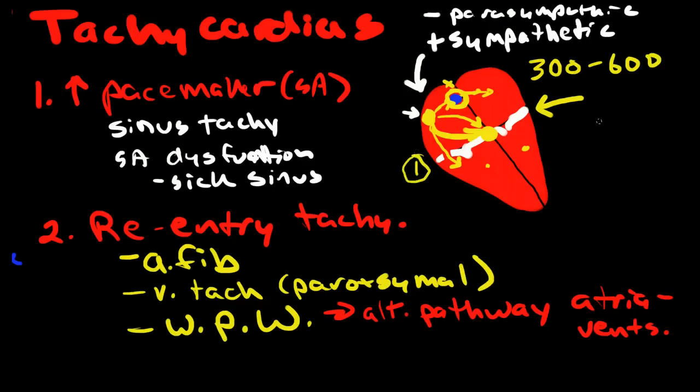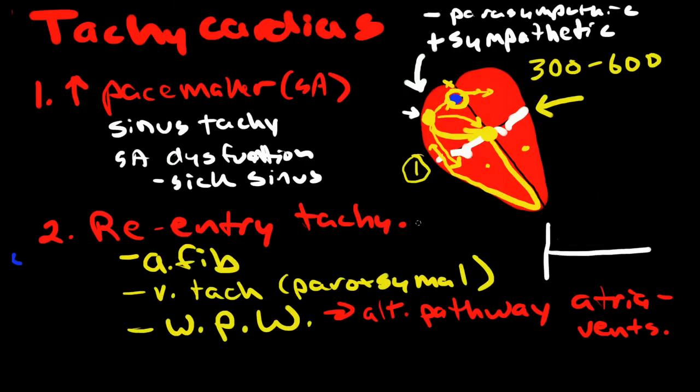Then step number 2 is the waveforms that do go through here depolarize the ventricles and then come back up here and depolarize the atria too quickly. So we end up with an EKG that looks like this.